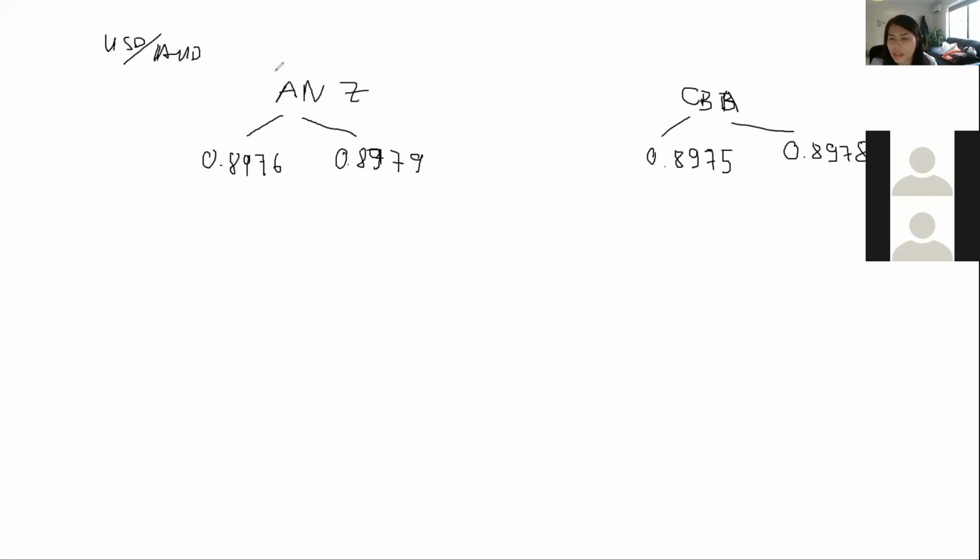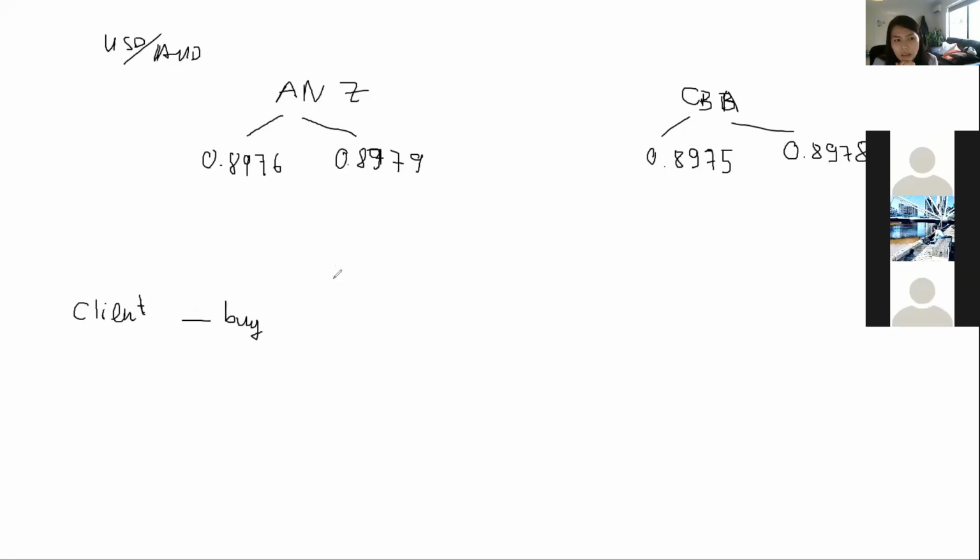Now, let's say I can observe that these two banks are giving me these quotes for the USD against the Australian dollar exchange rate. If I am a client and I want to trade the AUD, if I want to buy, which rates would I be looking at?